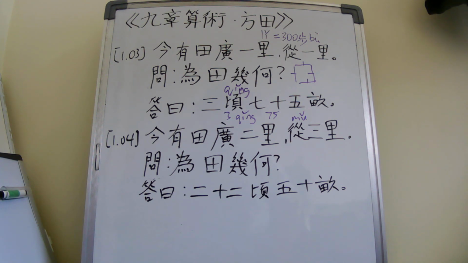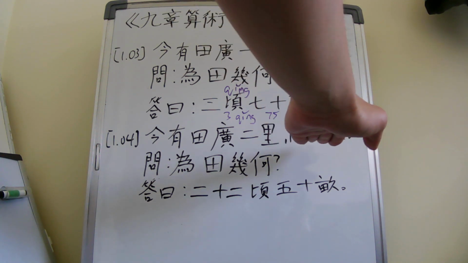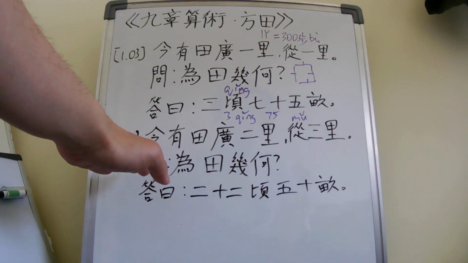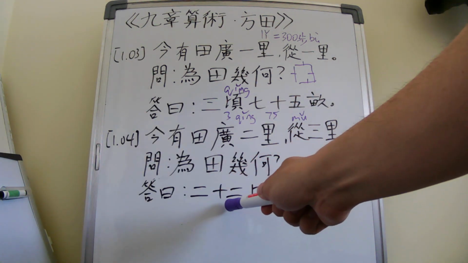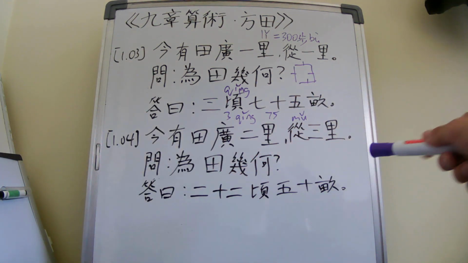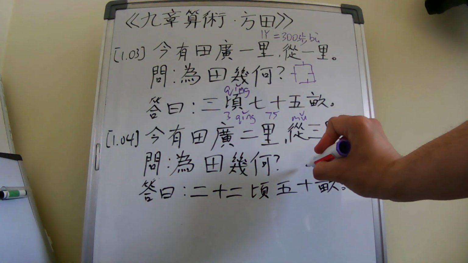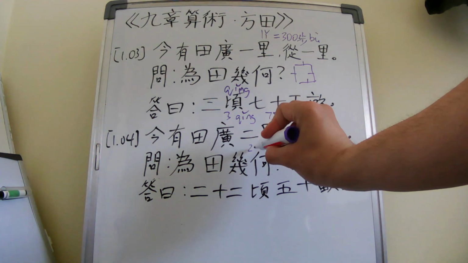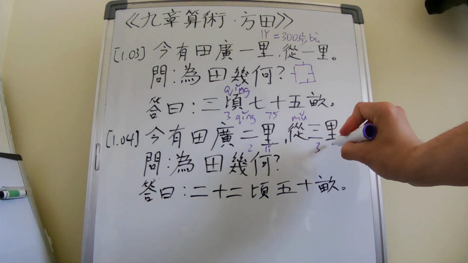Okay, it says, 今有田广二里，中三里，问为田几何？答曰22顷50畝. Okay, so this is an actual rectangular field where the horizontal length is 2 lis, and the vertical length is 3 li.